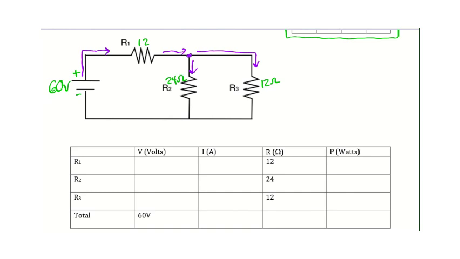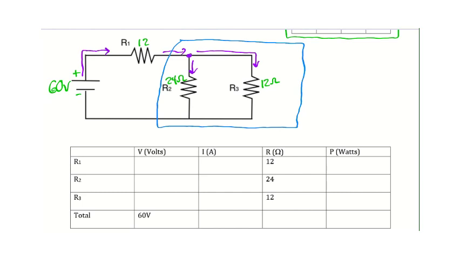So what we're going to do is cover them up and pretend they are one resistor. I'm going to draw a box around R2 and R3. And the first thing that I'm going to do is figure out the equivalent resistance of that blue box that I've just drawn.